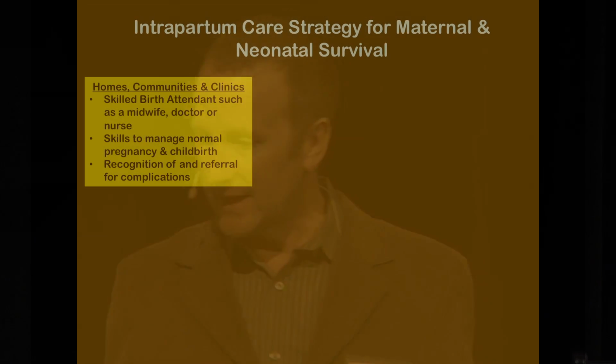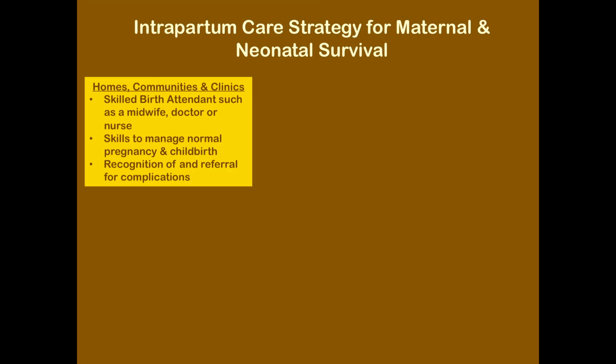So there has been a strategy called the Intrapartum Care Strategy. Those of you who are familiar with the Lancet Maternal Survival series by Ronsman, I believe in 2005, which recommended this approach. Next. So in homes and communities and clinics, literally everywhere, there needs to be a skilled birth attendant, such as a midwife, doctor, and nurse, available 24/7 for labor and delivery.